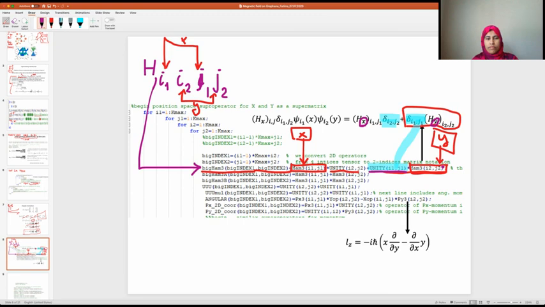Okay, and you did put another arrow for the angular momentum. Would you please give a comment about this implementation of angular momentum? So as we can see in the equation, on the right hand side, the first term looks like px.